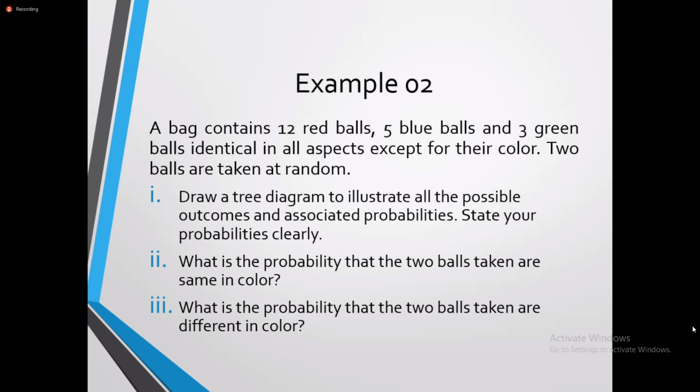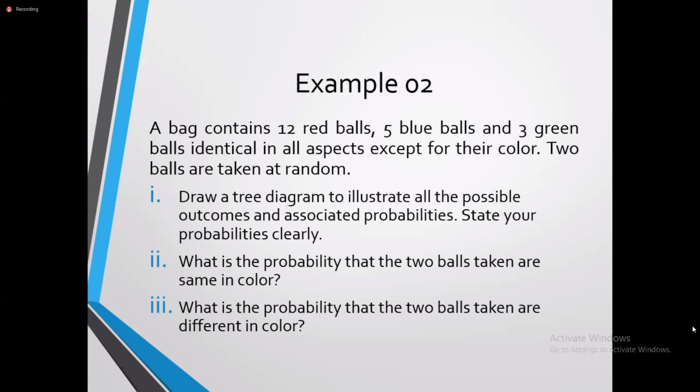It's really difficult actually, drawing a tree diagram to illustrate those possible outcomes. Therefore, we have to consider taking two balls at once as taking two balls twice, not once.